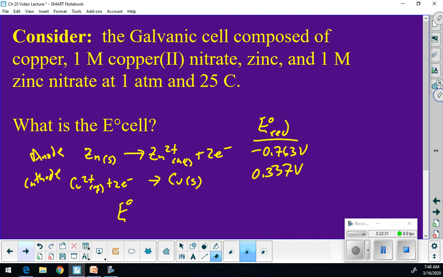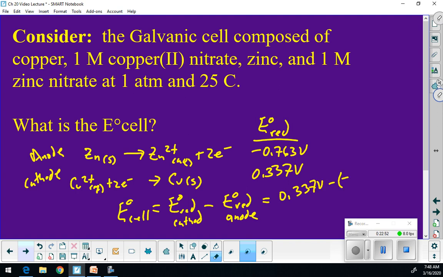My standard cell potential is equal to my standard reduction potential at the cathode, meaning my reducing species, minus the standard reduction potential at the anode. That would be my oxidizing species. So that means I'm going to take a 0.337 volts minus a negative 0.763 volts.